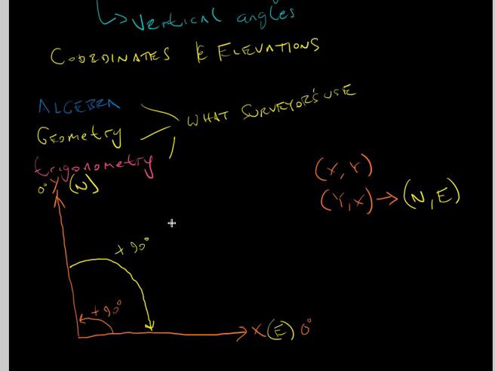So there's quite a bit of differences. Your x and your y get switched. In surveying, now your 0 degrees is along the y-axis, and positive angles are turned to the right.